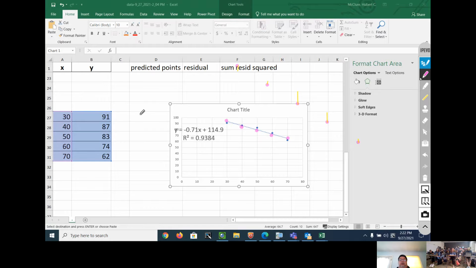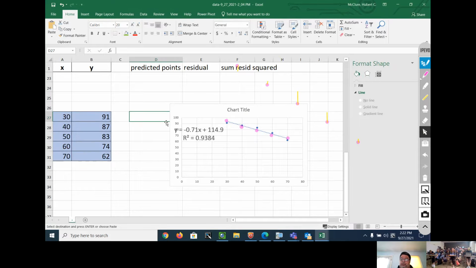So I'm going to go over here and I'm going to say predicted points. And I'm going to punch that in. Equals negative 0.71 times x plus 114.9.